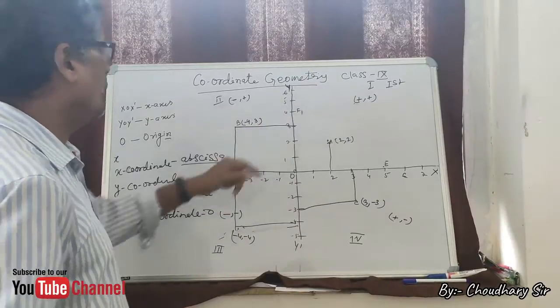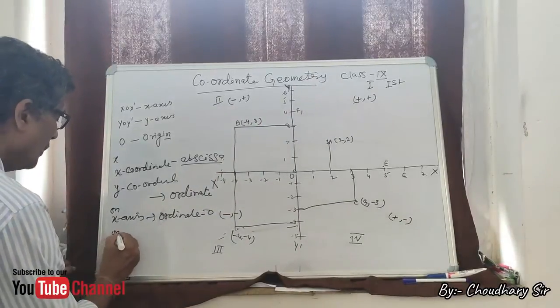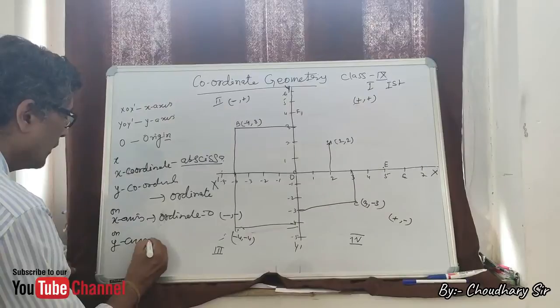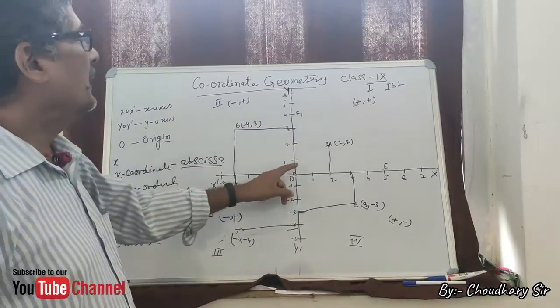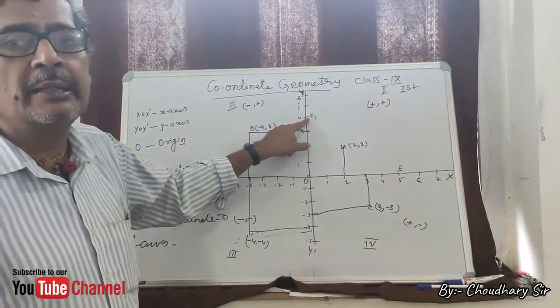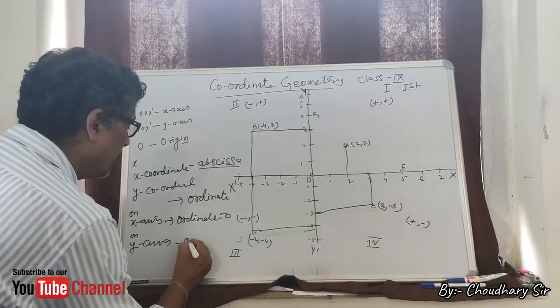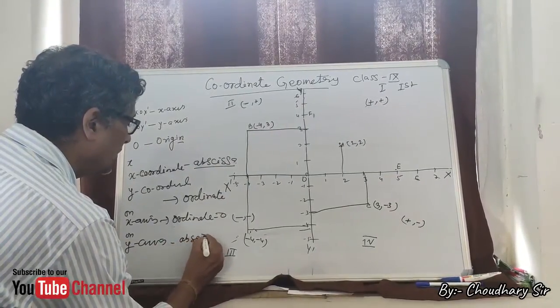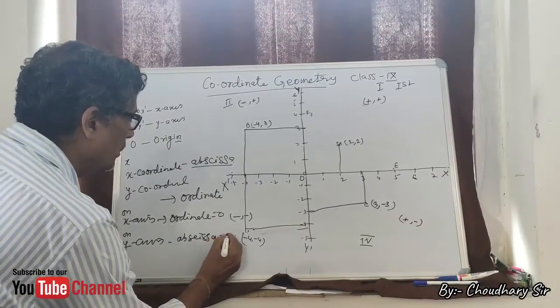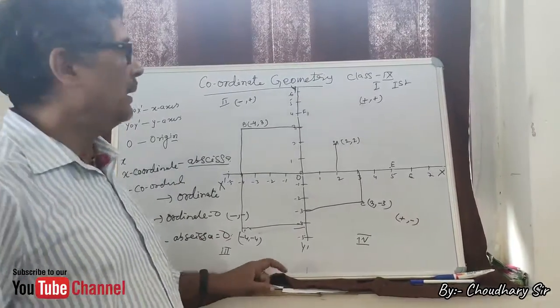If a point lies on the y-axis, then the x-coordinate, meaning abscissa, is 0. That is, abscissa equals 0. Okay?